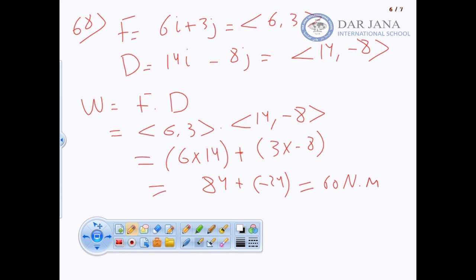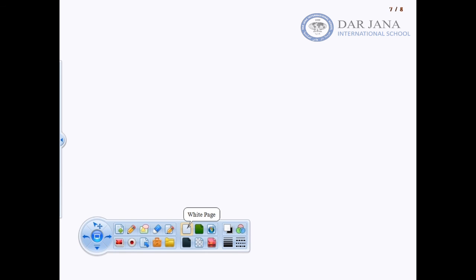Now the last and final question. Number 72. Also, find the work done by a force F in pounds in moving an object in a straight line from point A to point B. Assume that the units in the coordinate plane are in feet.